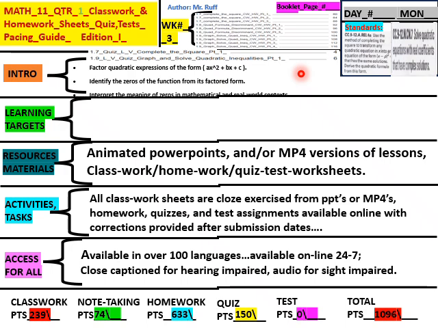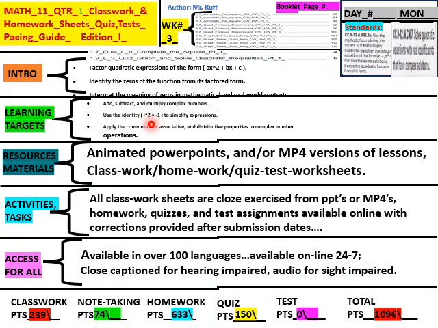Basically, it's the theorem of algebra, actually. We started getting into that. And then learning targets: add, subtract, and multiply complex numbers. Use the identity i squared equals negative 1 to simplify expressions. And then apply the commutative, associative, and distributive properties to complex number operations.